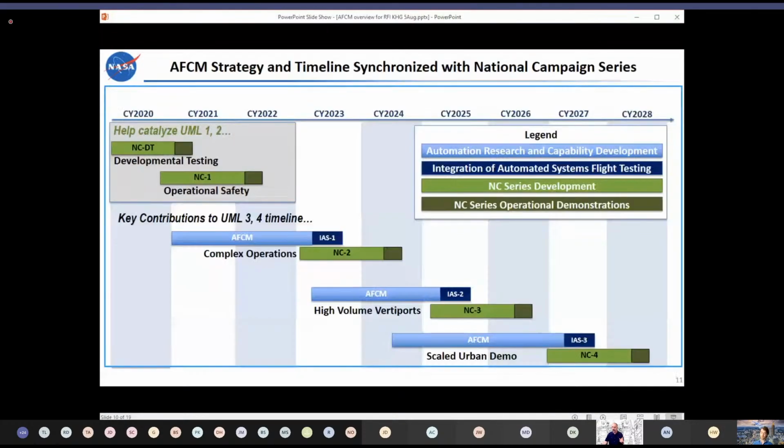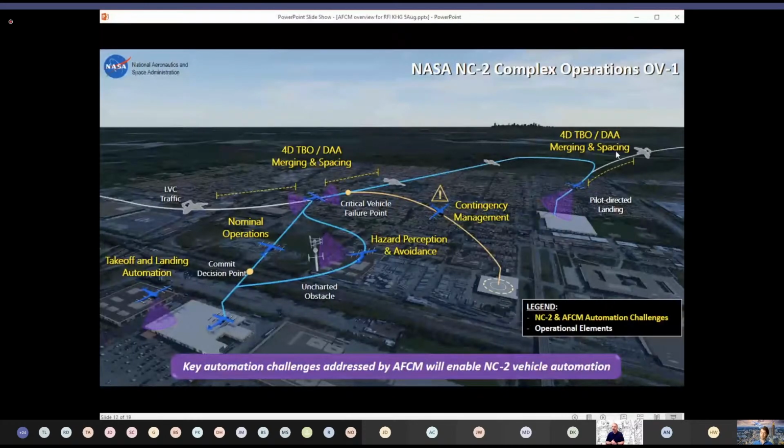So just for the sake of the conversation today, let me highlight that first so-called complex operations. And what I want to draw people's attention to on the chart are the areas in yellow. And these are sort of the building blocks from an automation perspective that we intend to focus on initially. So includes, as I mentioned, both nominal operations as well as being able to do decision-making and execution for contingency situations.